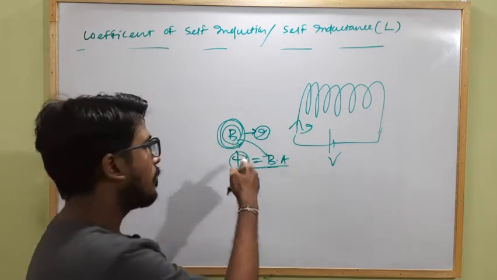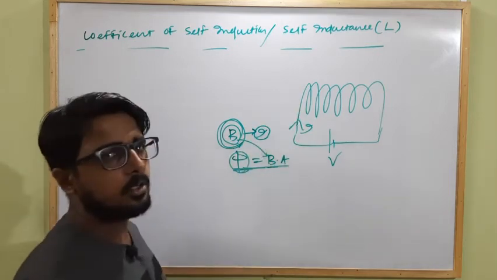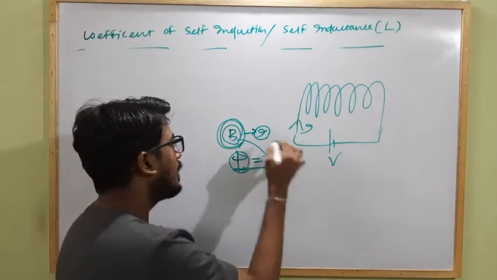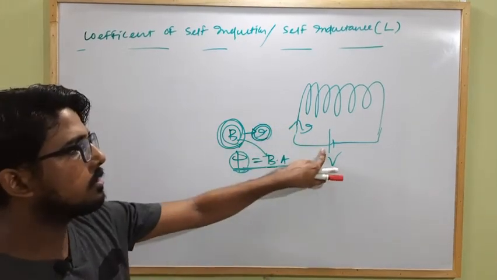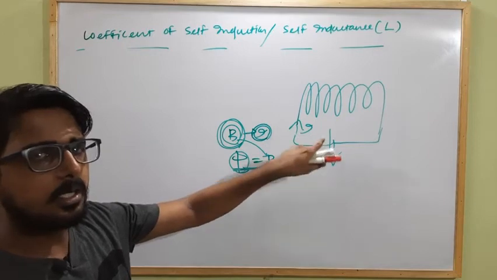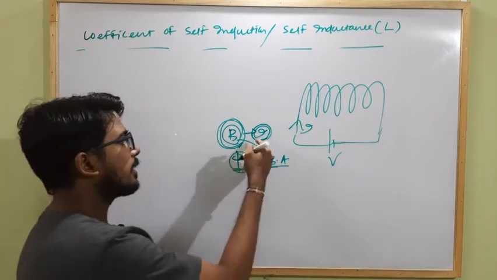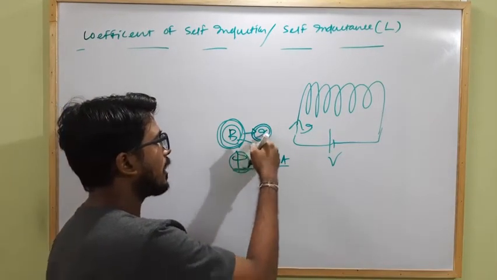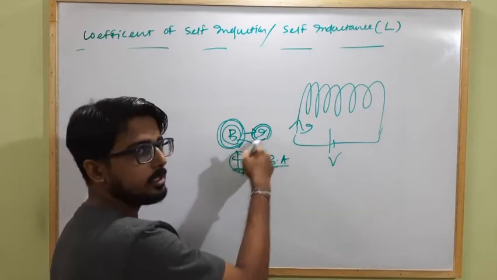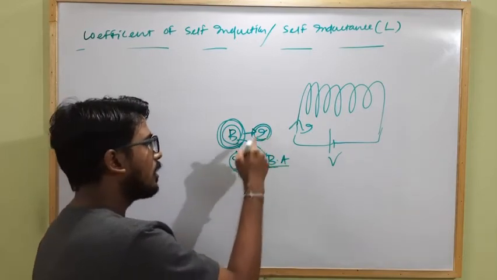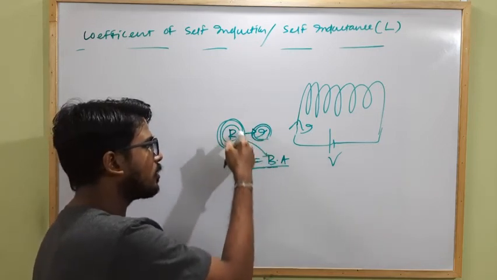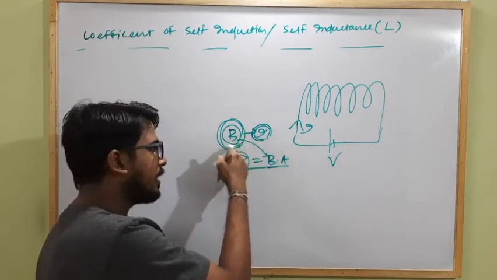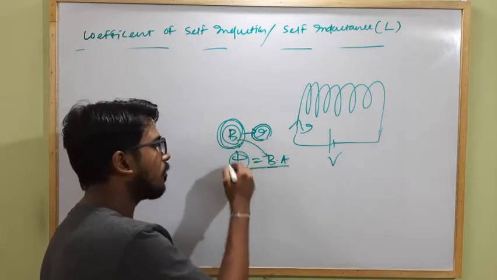That means the magnetic flux linked with an inductor is directly related to the current flowing through the coil or inductor. How? They are directly proportional, because if I increase the current, I will increase the magnetic field strength, and the magnetic field strength will increase the flux.